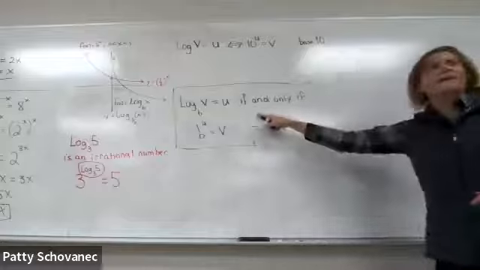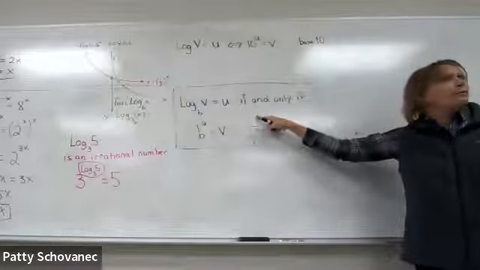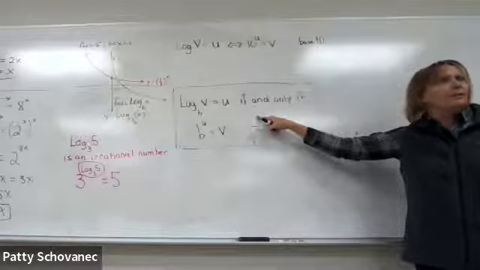When b is 10, we don't write it, much like we don't write a 2 when we talk about square roots.